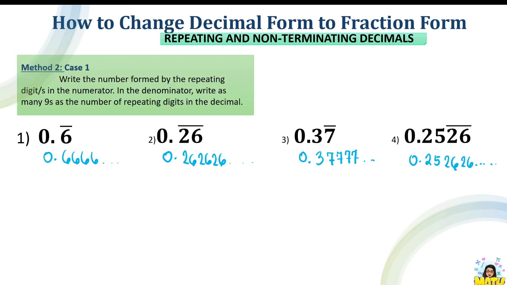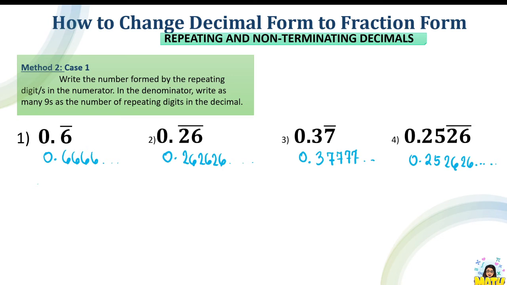So here is the method number 2. So for the first case, ito ay applicable lamang kapag yung decimals ay repeating and non-terminating at parehas yung digit na may bar, katulad ng example 1 and 2. So let's follow the steps. So here, write the number formed by the repeating digits.